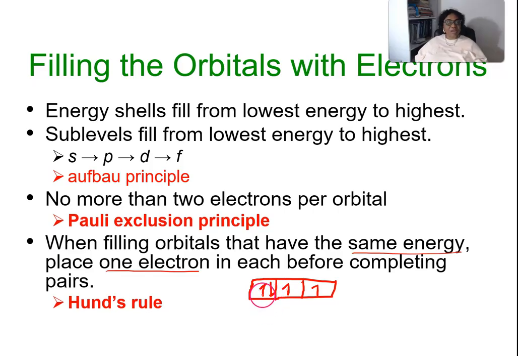Each orbital must have 1 electron first before pairing can start. So you put one, you put another one here, put another one here, before pairing can start.